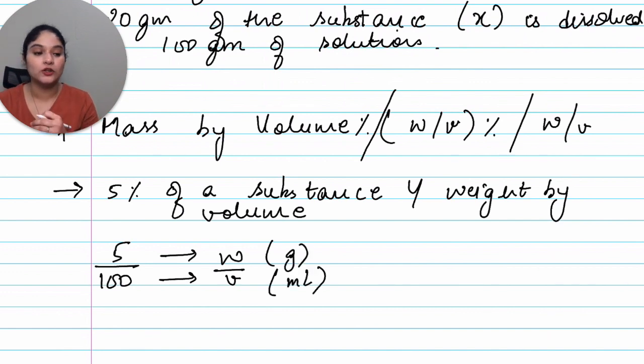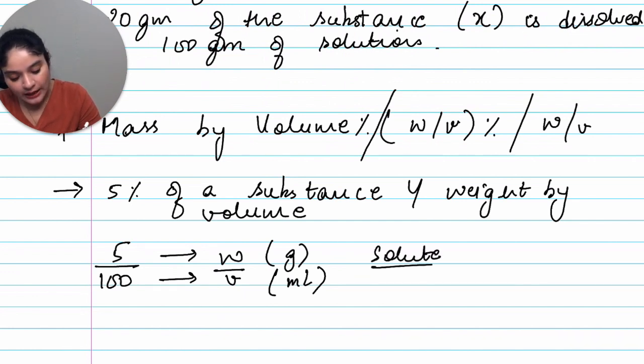Again students, you cannot change the units. If it is milliliters, it is supposed to be milliliters. Okay. So 5 by 100. So weight by volume. Weight is in grams and your volume is in milliliters. I hope that makes sense. And as we discussed in the last part also, the numerator is talking about solute and the denominator is talking about solution.